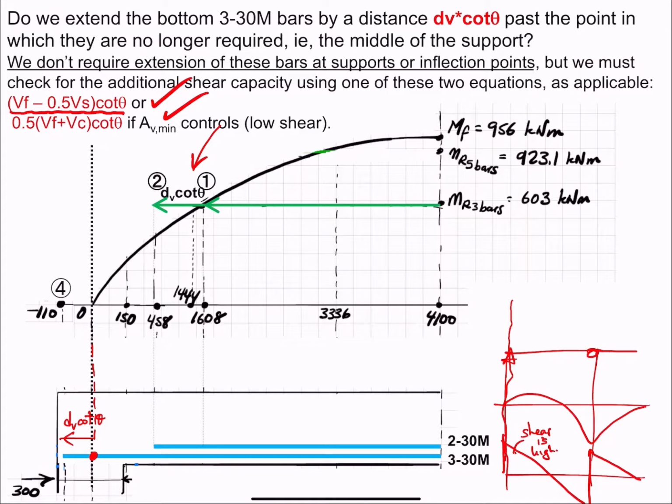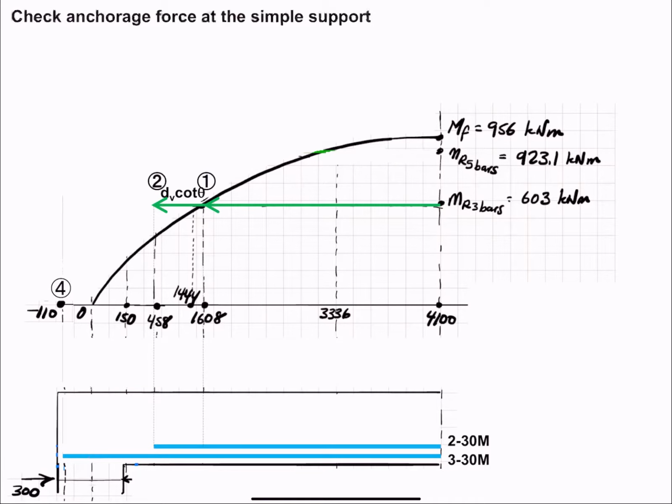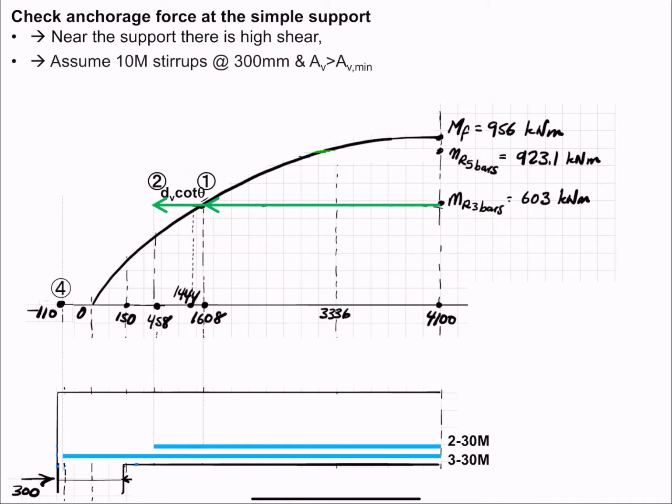We haven't heard about the stirrups. What's the spacing of the stirrups for shear at that point? I think we are going to have to assume something there. So if we assume that near the support there is high shear, if we assume 10 mm stirrups at 300 mm, and then I can almost hear you ask, well, do we have to assume? No. You are working on an already designed beam, so you will know the spacing of the stirrups at this point and what type.